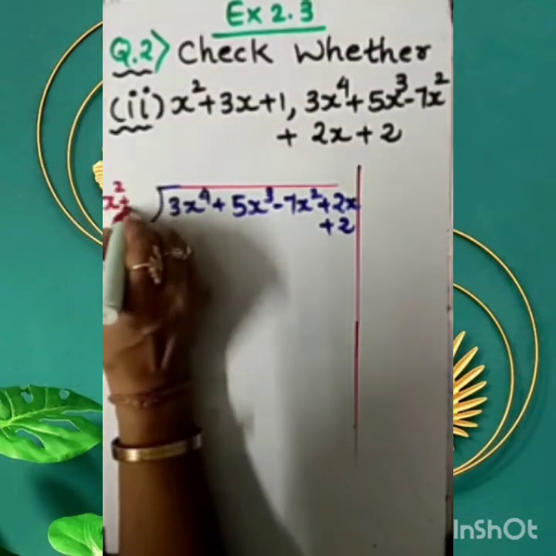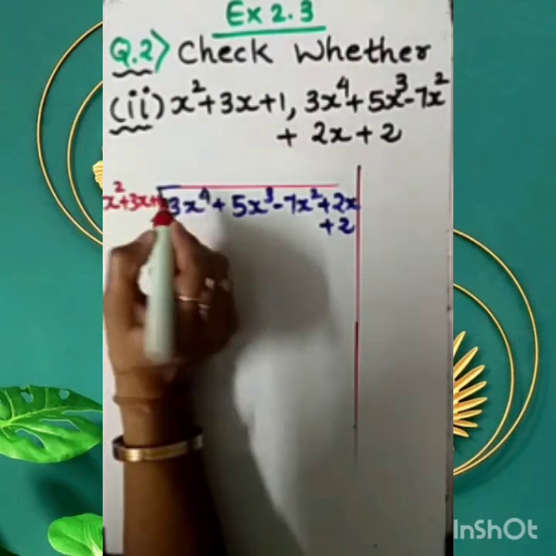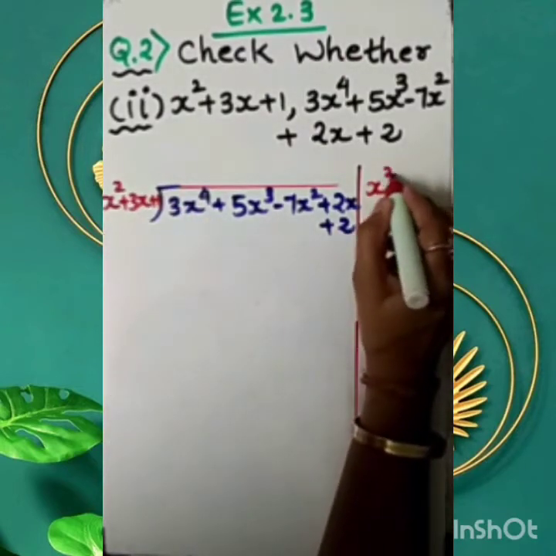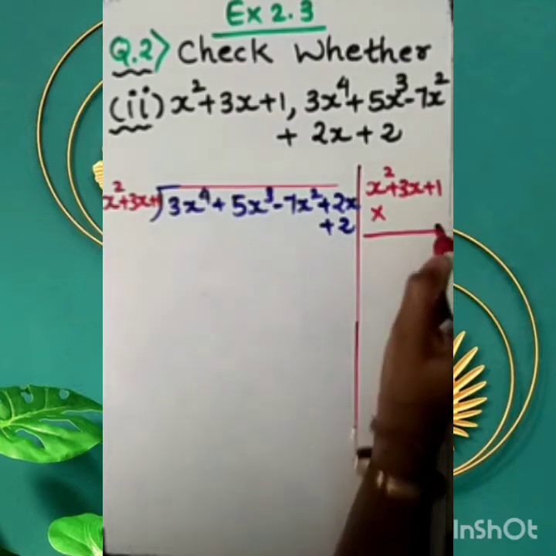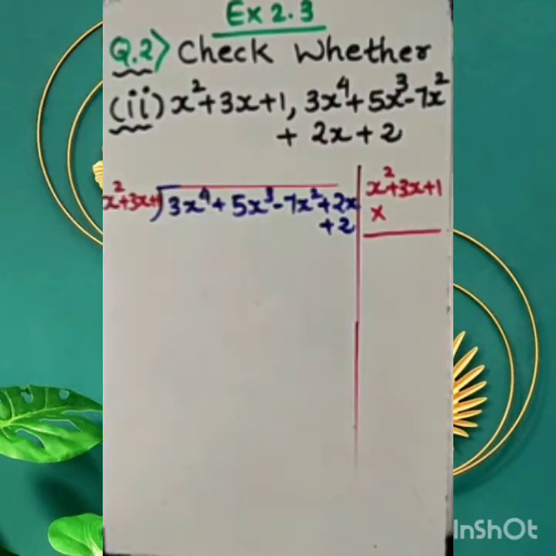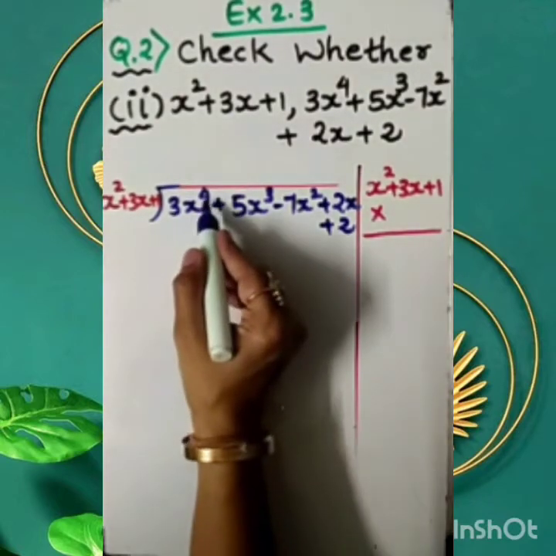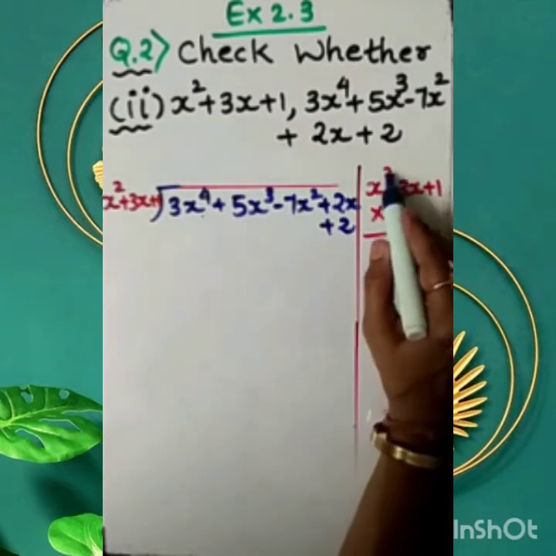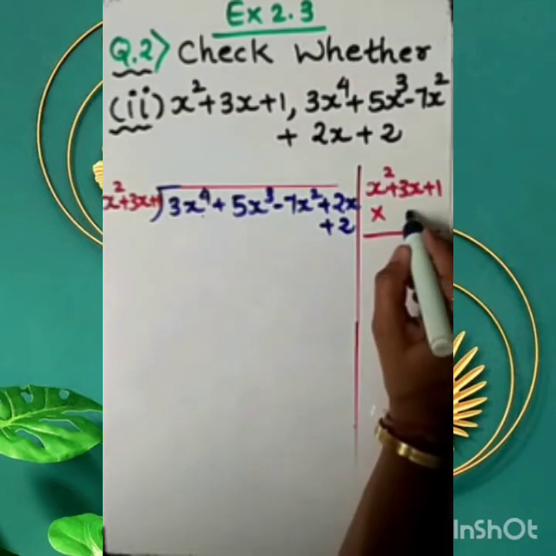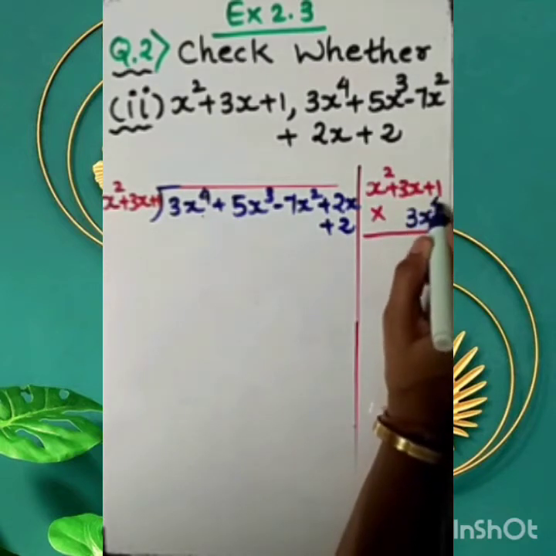The same thing I am going to write here as we are going to multiply with the same term. So my dear student, you can see the first term here is 3x to the power 4. I want 3x to the power 4. x square is already there.